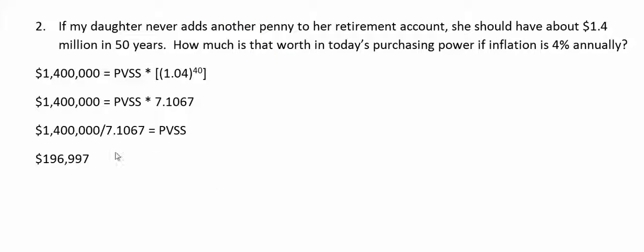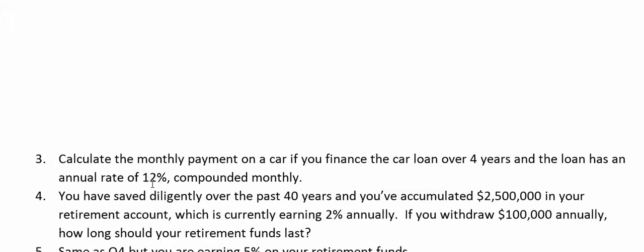I just double checked this answer to make sure it was absolutely correct, because it seemed like it was a little bit low, but it is right. It's just startling how much impact inflation can have. So if you don't plan for inflation when you're saving money for a long period of time or estimating your retirement needs, you're going to make a grievous error by not considering inflation.